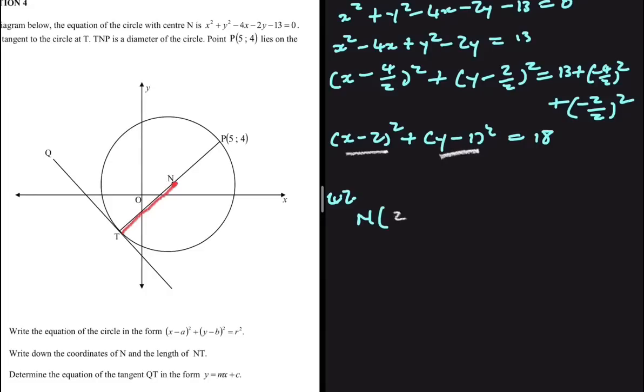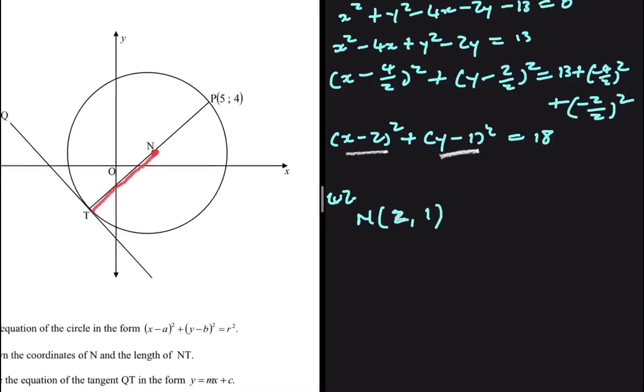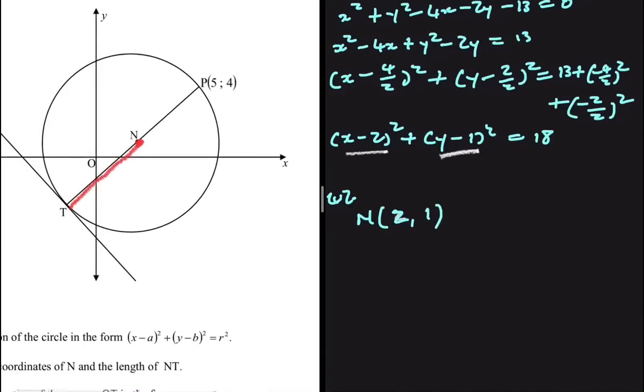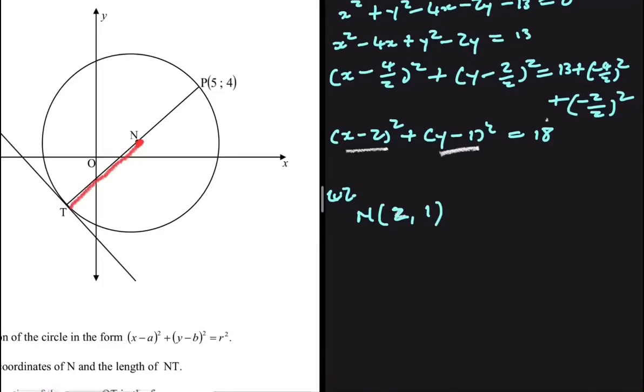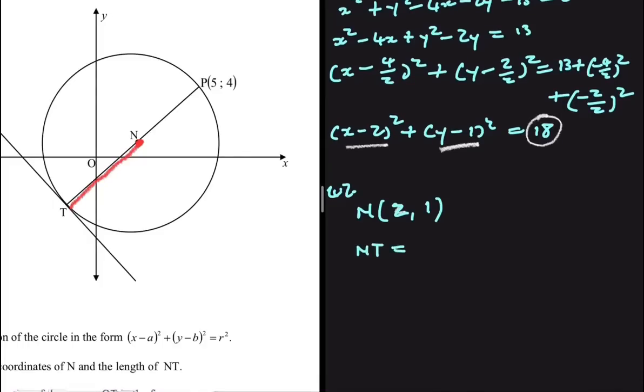And then how can we find the length of NT? Like we've already deduced, NT is the radius, and in our equation we have radius squared. So we can go ahead and say that NT is equal to the square root of 18, because 18 is radius squared and NT is our radius. Let's move to 4.3.